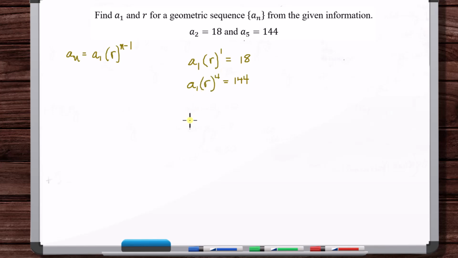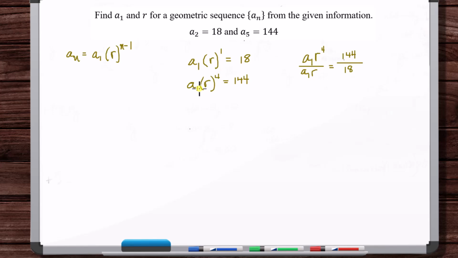So you've got a1 r to the 4th divided by a1 r is equal to 144 divided by 18. You see how you can do that? You can divide the equations, and it's still an equality, because I can divide both sides of an equation by the same number, like 2, and it's still an equation.